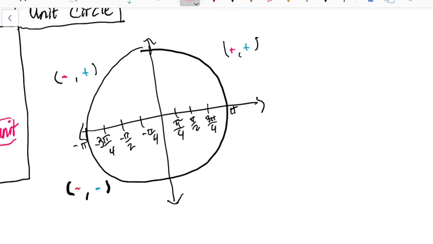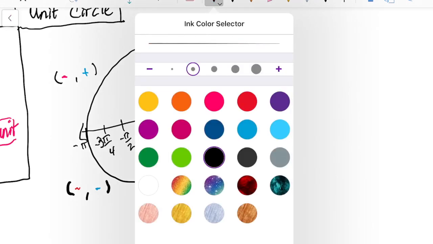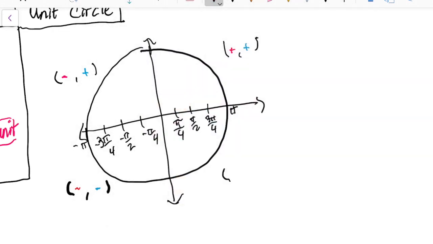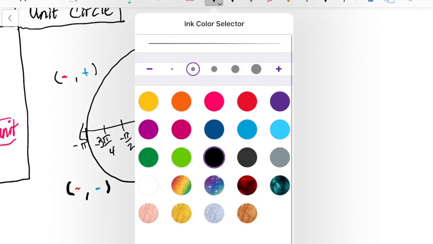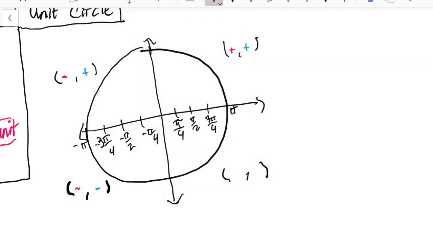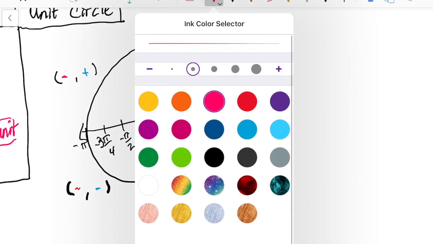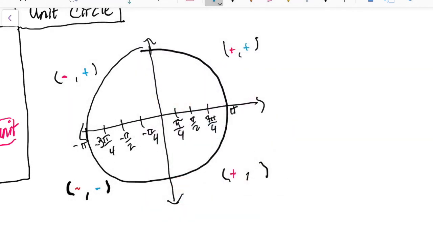And then the points that you will be seeing here are going to be positive and then negative.